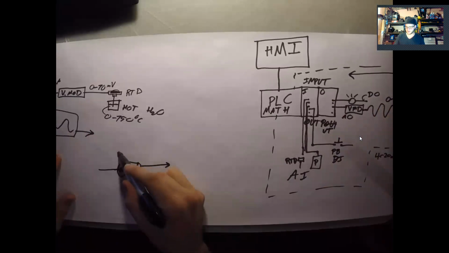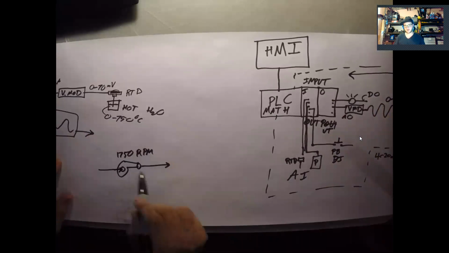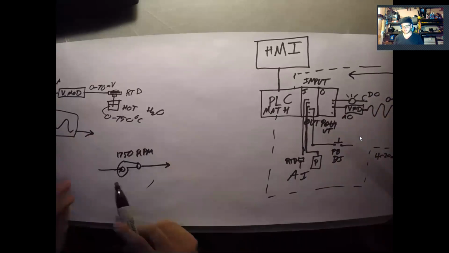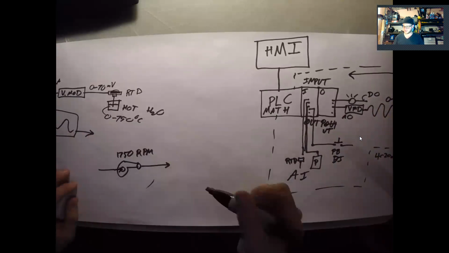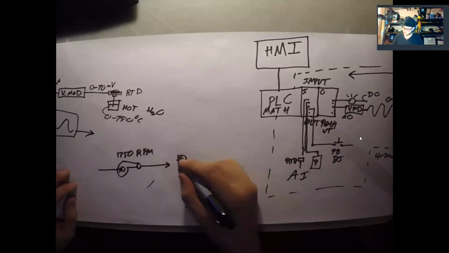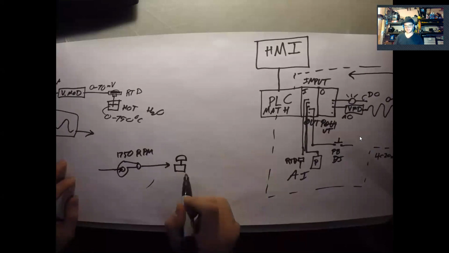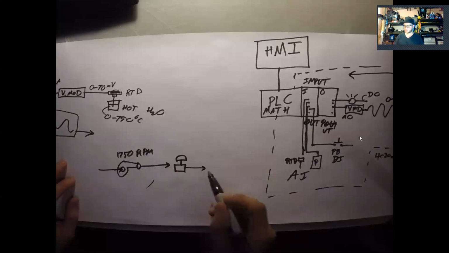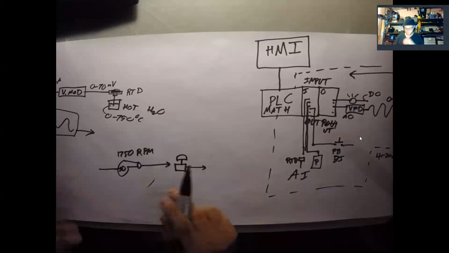And so this will spin at say 750 RPM or whatever, whatever the manufacturer's recommended speed is. And that's just constantly sucking. And then up here, you have a control valve. And this control valve is actually what controls the flow rate of fluid in the piping system.